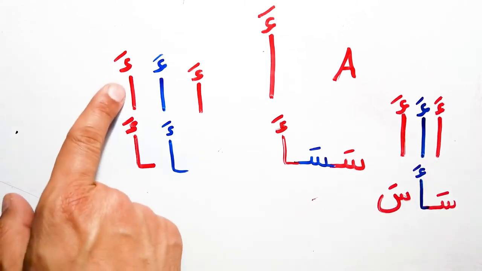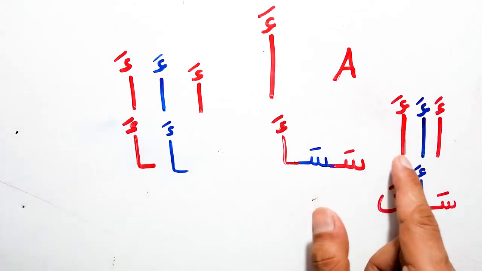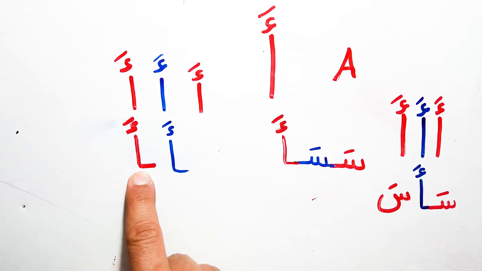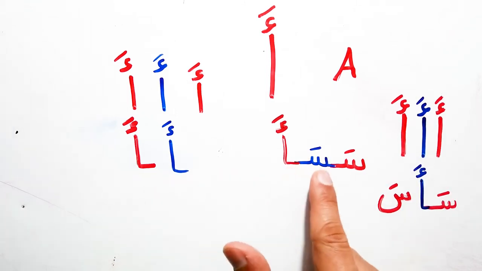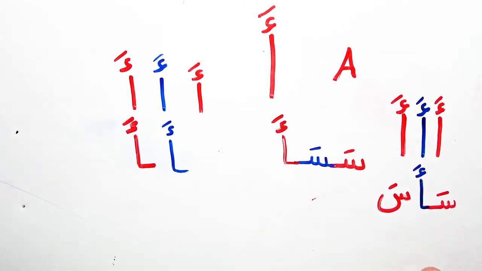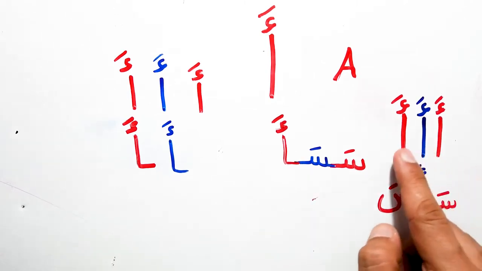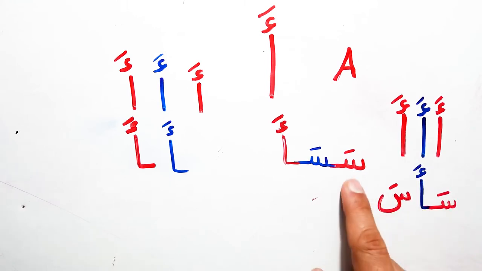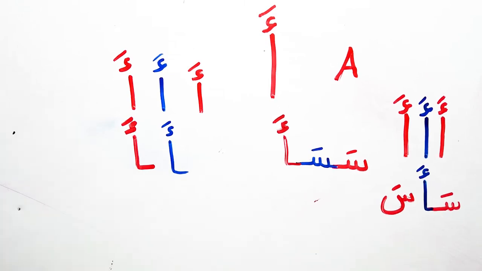A in the end of the word, it can be like this when the previous letter is a refusal letter, or like this when the previous letter is a normal letter. Okay? So that's it. Let's read together. A. Se. Se.